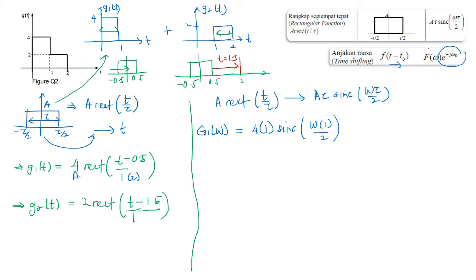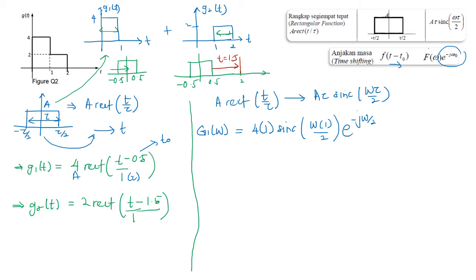But because of the shifting property, G(omega) must be multiplied with the exponential function e to the j omega t naught, where t naught is 0.5, or 1 over 2. So this is your G1(omega).